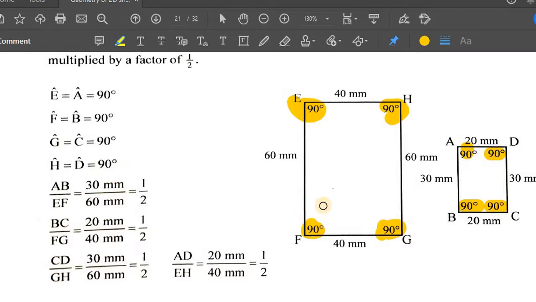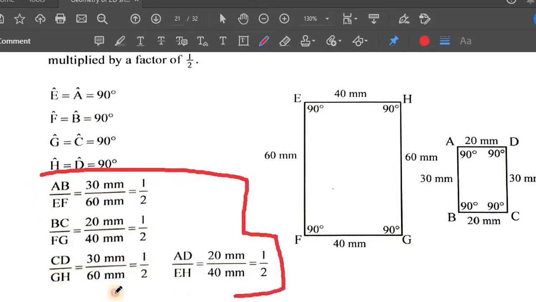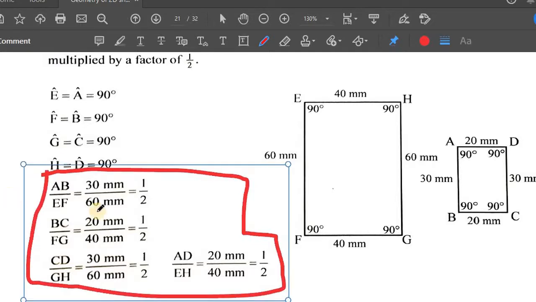Now, this is why I told you to write it down as a fraction. Write down your ratio always as a fraction. AB over EF. Now, in the previous one, I took the bigger one over the smaller one.